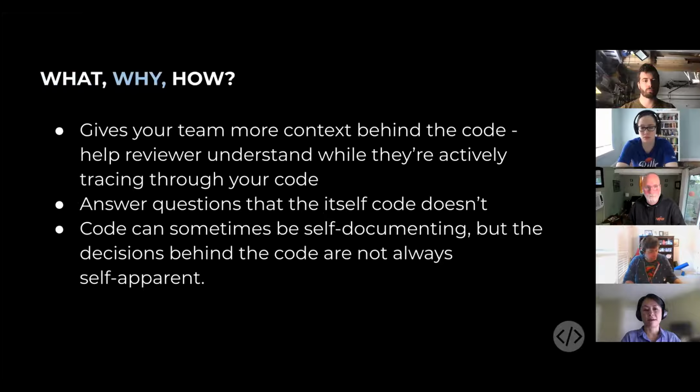Code comments should give your team more context behind the code, and help reviewers understand while they're actively tracing your code. You don't want too much, but you want a little bit so that as they're tracing through, they understand. You want to answer questions that the code itself doesn't, because you don't want your code to be too verbose.